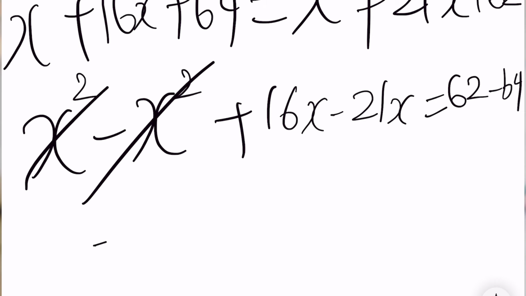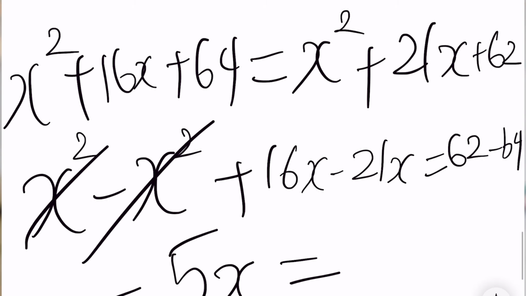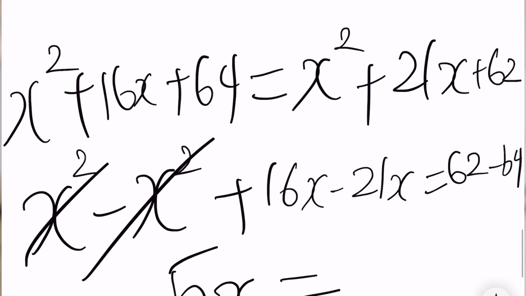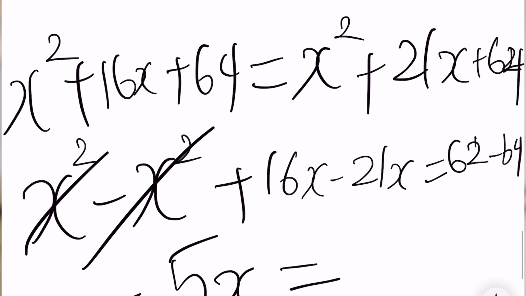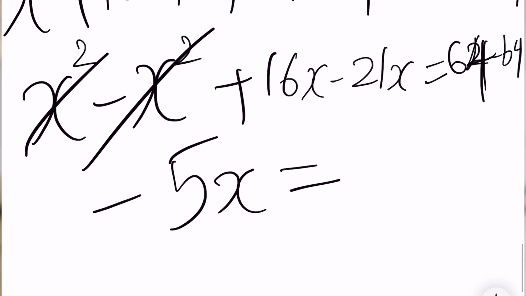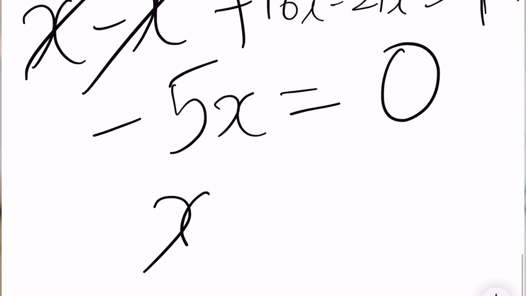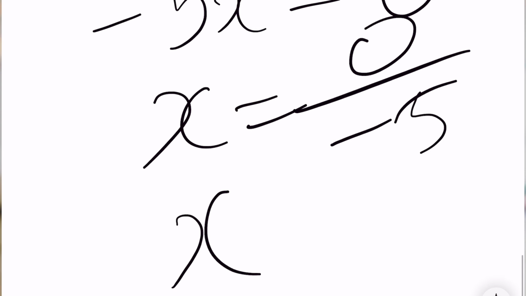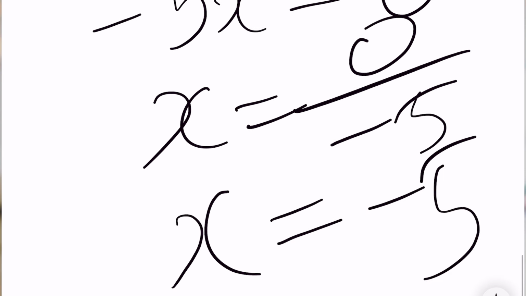We now have minus 5x equals, this is 54, this is 64, so we have here to be minus 10. So we have our x to be minus 10 over minus 5. We have our x to be 2.